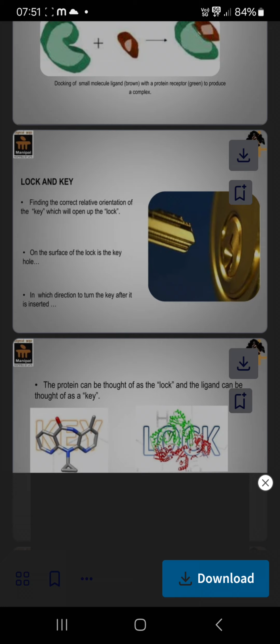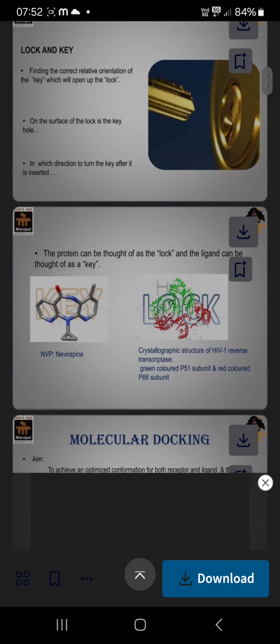That is the aim. So you have the key, you have the space where you are putting your key, you have the lock, and you have the direction. So four things keep in your mind. Now the protein can be thought of as the lock, and the ligand can be thought of as a key.